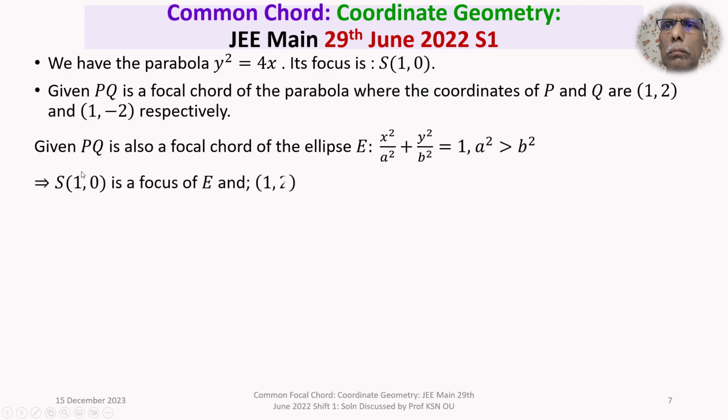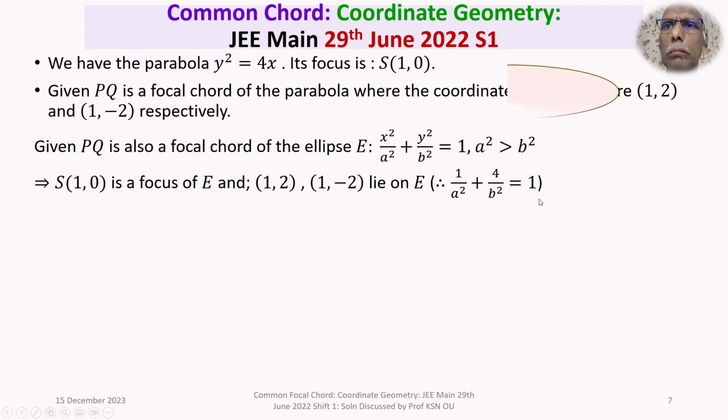So S, whose coordinates are (1, 0), is one of the foci of the ellipse, and (1, 2) and (1, -2) lie on E because it's a chord. If we substitute (1, 2) in this ellipse equation, then you will get 1 by a square plus 4 by b square is equal to 1.